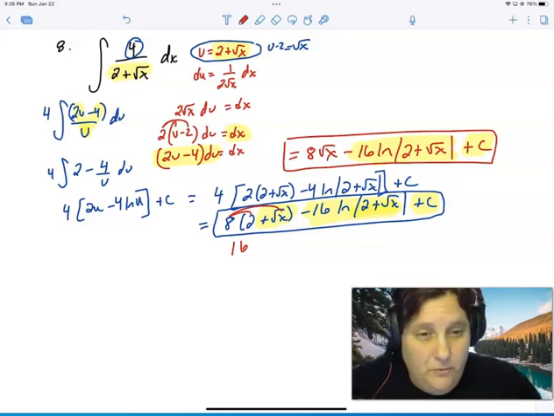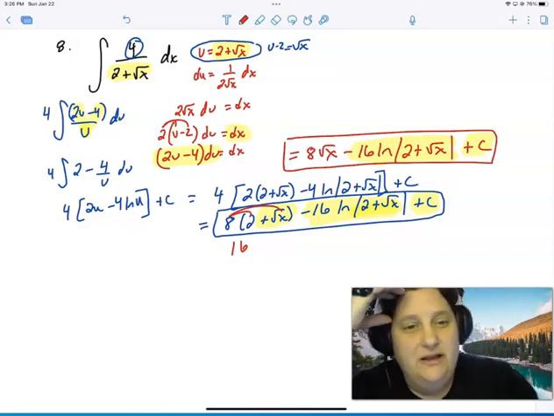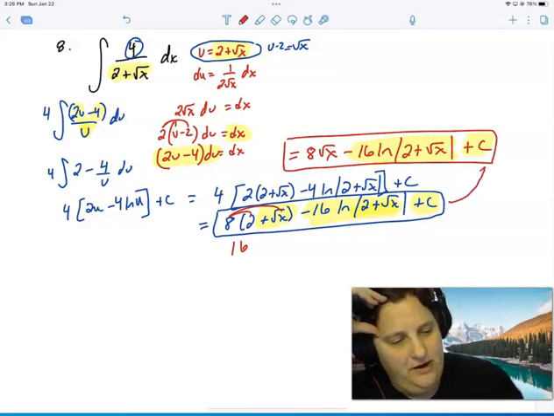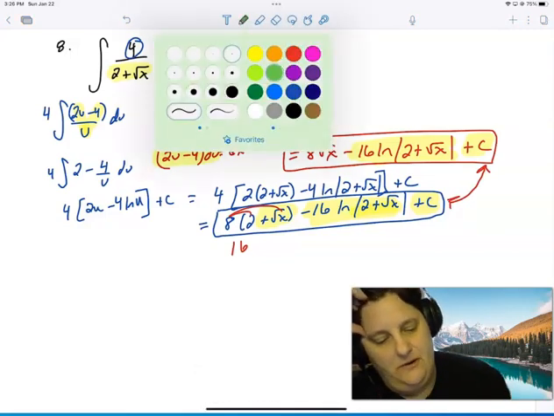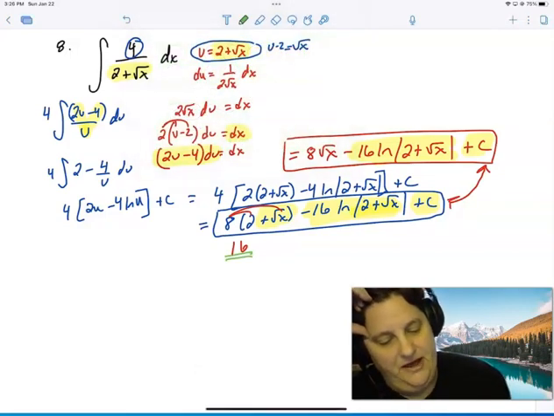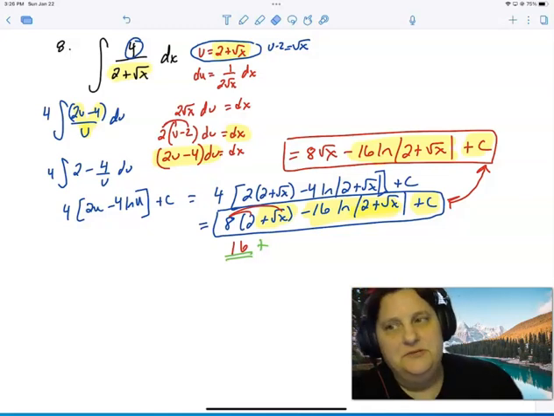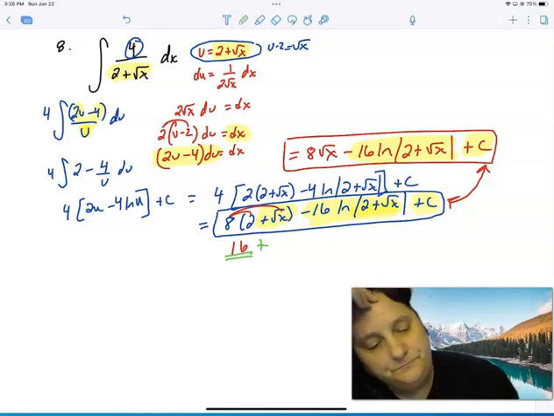Now, because there are multiple ways to do integral problems, this person did it a little bit differently than I did. Why are these answers equivalent when they're clearly off by 16? Why are these equivalent? Well, if you think about it, it's because of the constant right here.